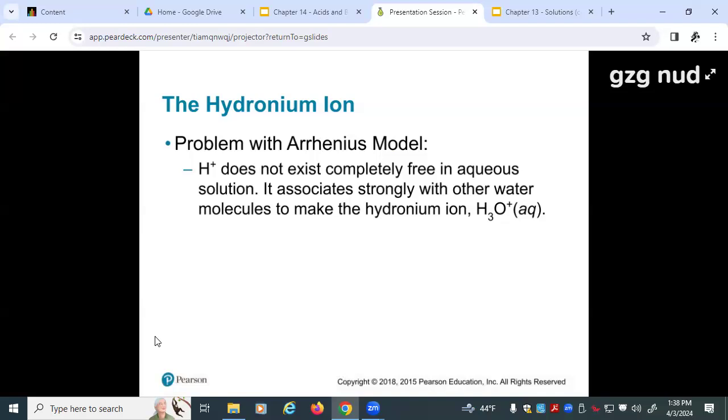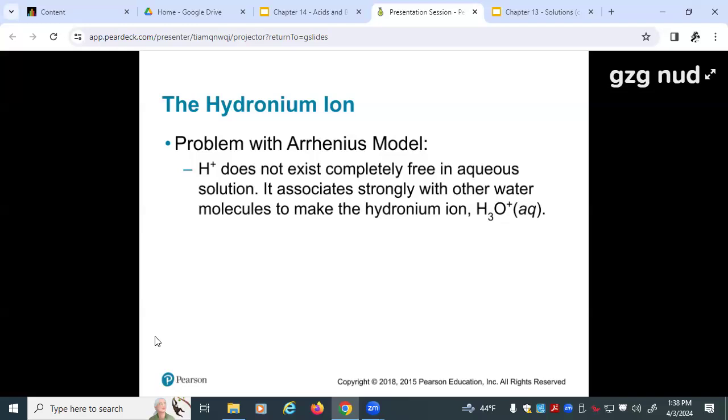The first problem in the Arrhenius model is that the H+ that we're talking about forming in water doesn't exist. If I go to the molecular level for water and I throw in an acid, and continue to look at the molecular model of that water with the acid in it, the thing I'm not going to find are H+ ions.